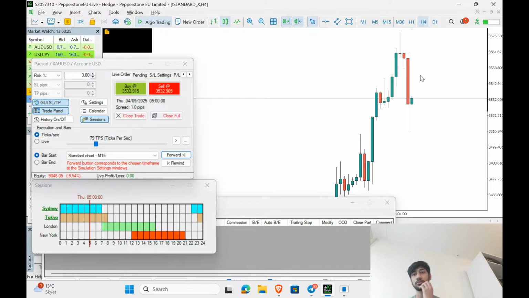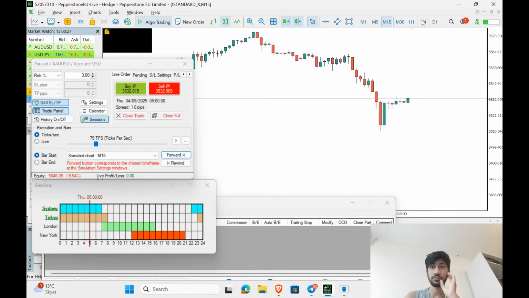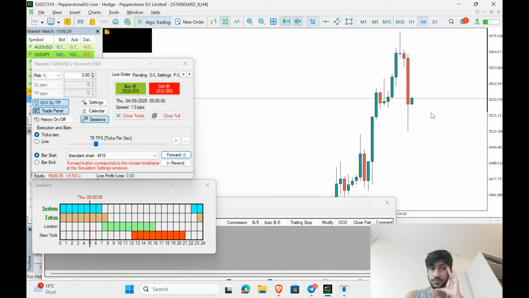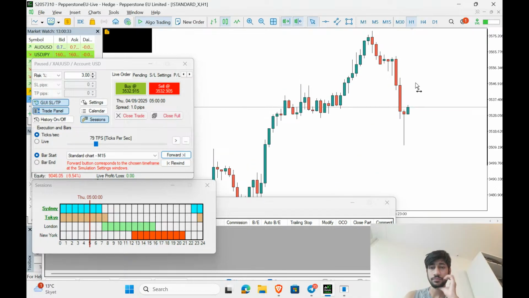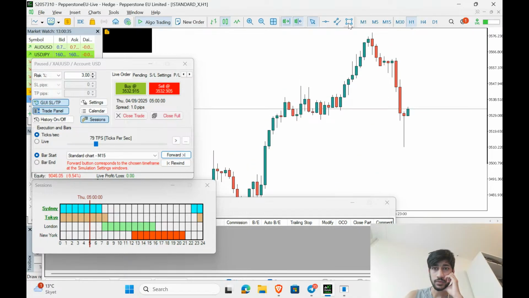H4, we moved down, right? Now we move down. H4, we sold off. H1, we are at major support and we form support.